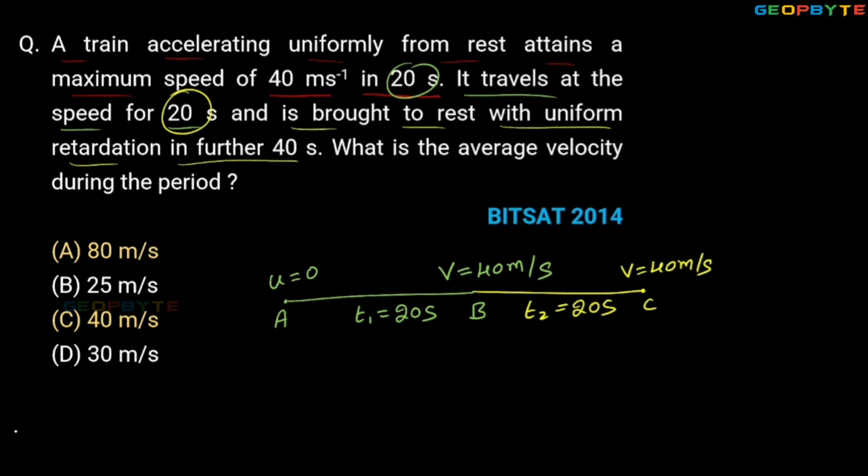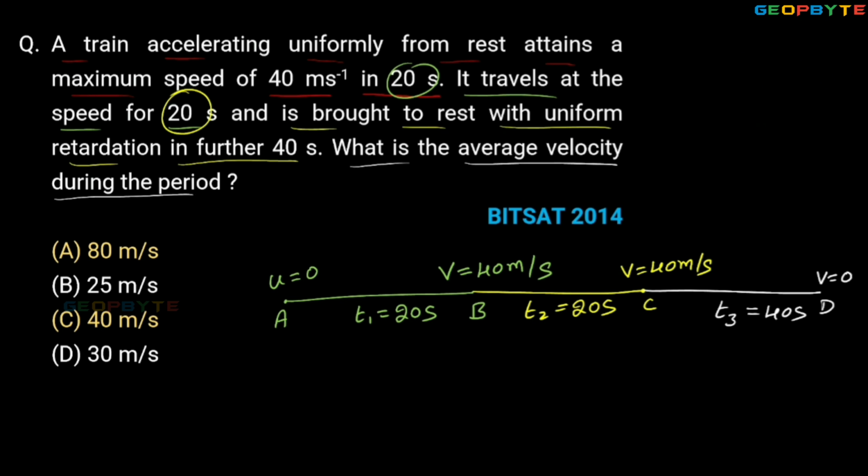From C to D, the time taken T3 is given as 40 seconds. Finally, the velocity v becomes 0. Okay. Then, what is the average velocity during the time period?